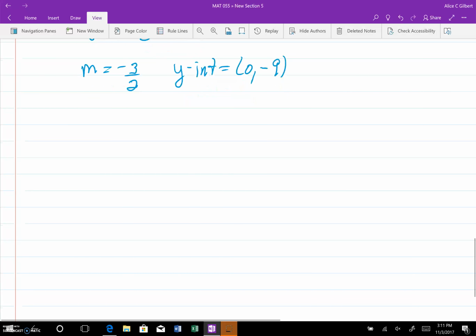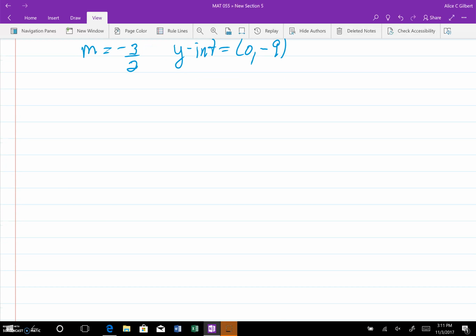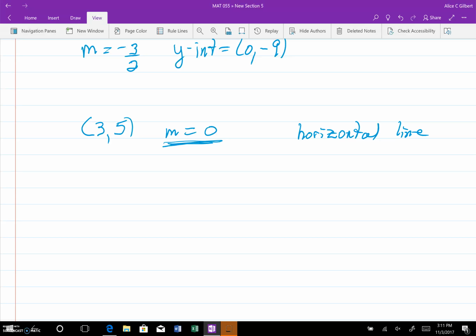And that is, remember, if it says it's going through the point 2, 5, let's say, and it has a slope of 0, remember the slope of 0 is for a horizontal line. So it could say a slope of 0, or it could say a horizontal line, either one, and right away you have to think, oh, I don't need point-slope formula for this, I just need y equals, and pick up the 5.